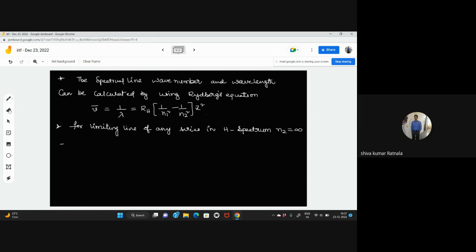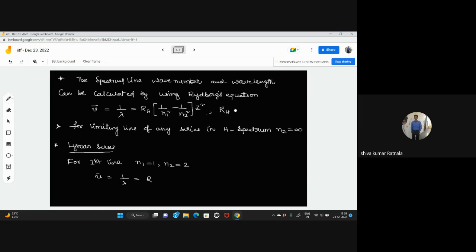Now you can take any series, but I'm taking the first example, Lyman series. In Lyman series, for the first line, what is the n1 value? 1, and n2 value will be 2. Therefore, nu bar equal to 1 by lambda equal to R. Here I forgot to write the RH value.